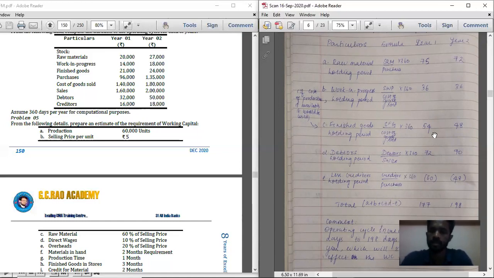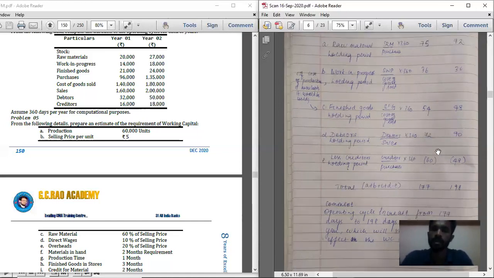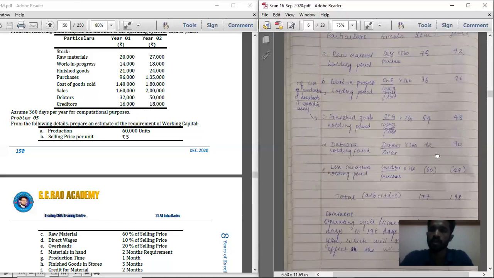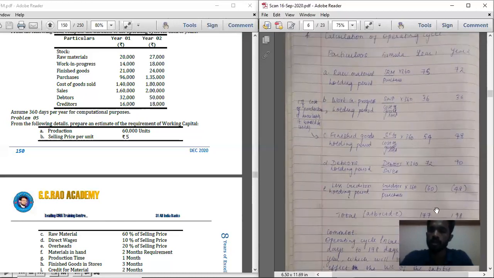So here we can find one thing: for year 1, it took 177 days to rotate the funds, whereas for year 2 it took 198 days to rotate the funds, which means the business is not doing well. In the previous year it took 177 days to rotate all the funds, whereas in year 2 it took 198 days, an extra 21 days. So the business is not doing well.